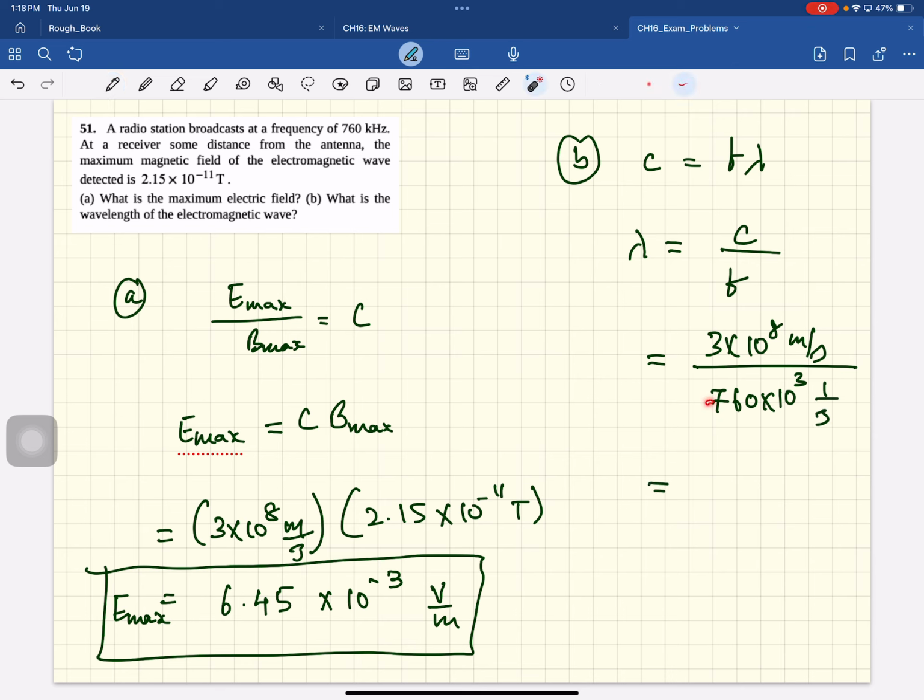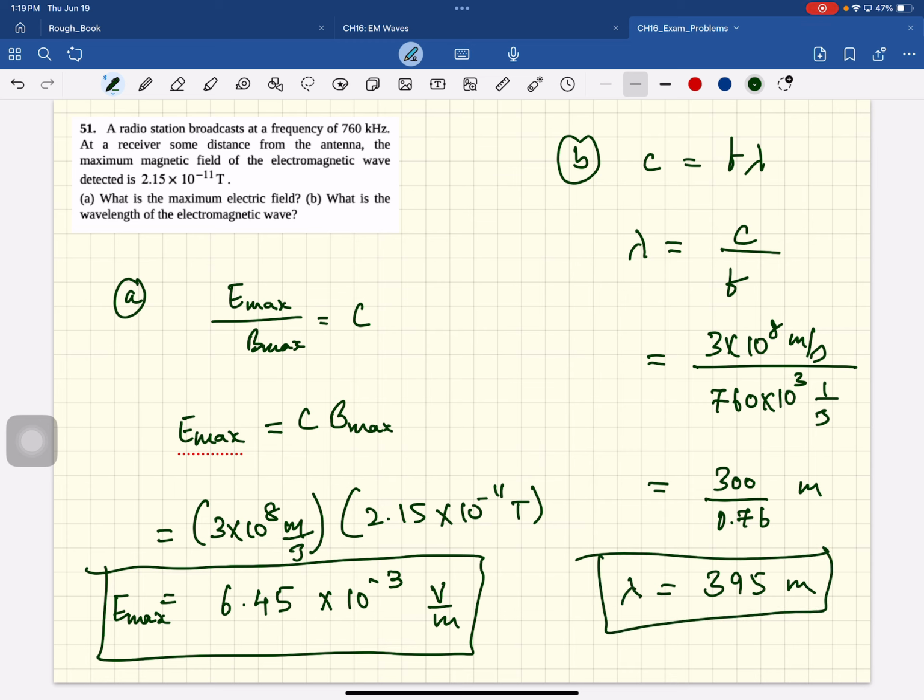Okay, so that will be 0.76 times 10 to the 6, 300 divided by 0.76 meters. So the wavelength of this is 395 meters. Roughly from here to Mainland High School. That's the wavelength of this wave.